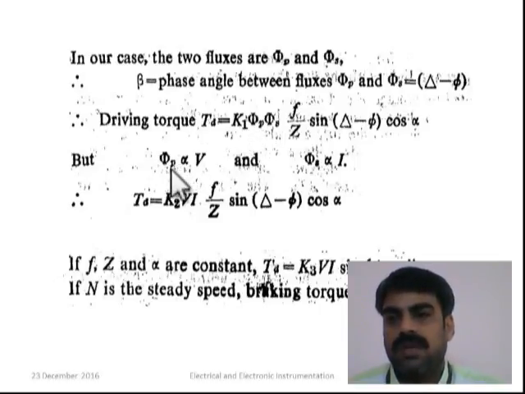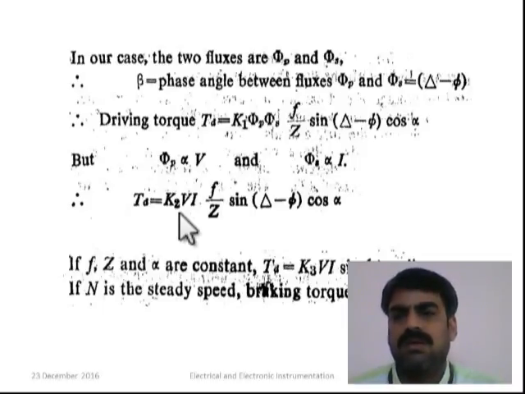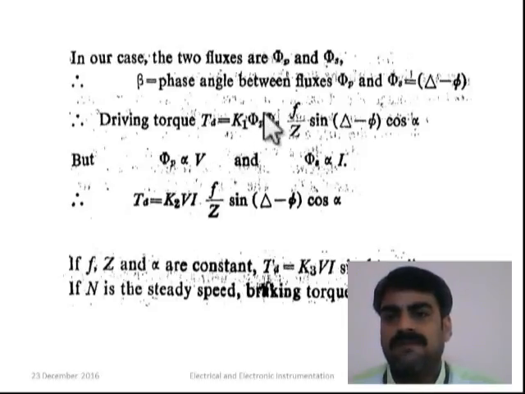The pressure coil flux is proportional to applied voltage, and the current flowing through the series magnet is proportional to phi s. According to this, we can rewrite the deflecting torque with K2, a constant term comprising all constants together, and instead of phi p we write V, instead of phi s we write I, and we have supply frequency and impedance, sine of the phase difference, into cos alpha.